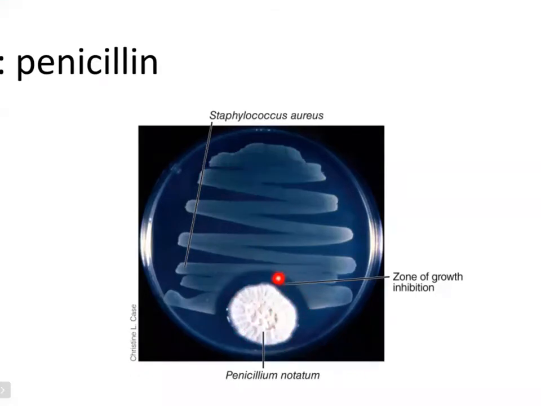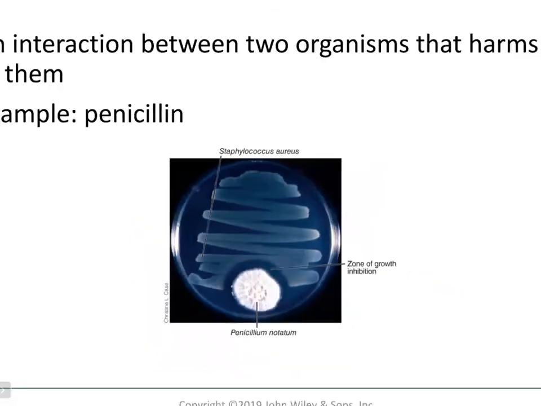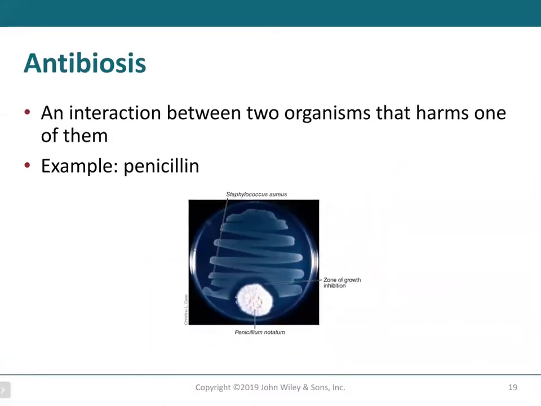As you can see here, there is no Staph aureus growing in this area because the Penicillium notatum produces penicillin and it kills any microbes that come in contact with it. Here is the zone of inhibition where the penicillin diffuses into the agar media. So that is your antibiosis. Your Penicillium notatum produces a toxic chemical that prevents the growth of the Staph aureus.